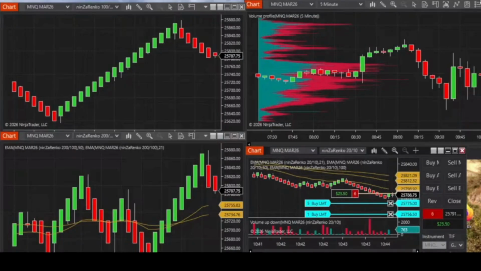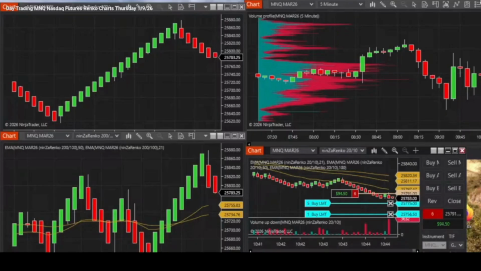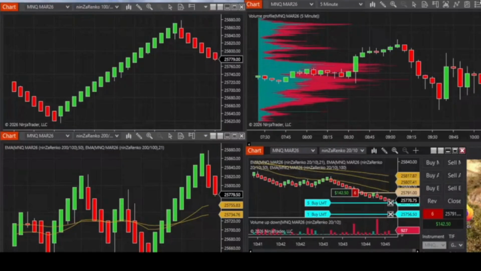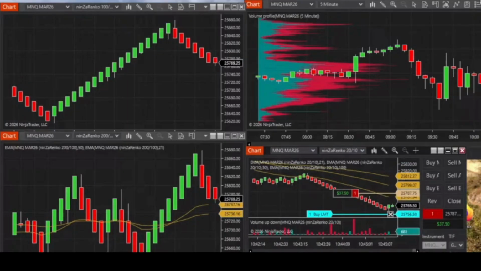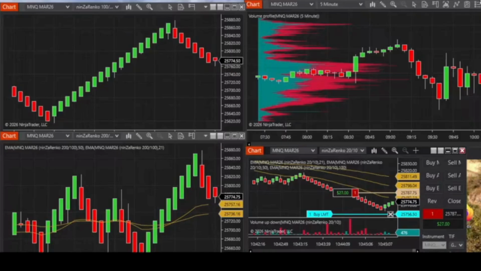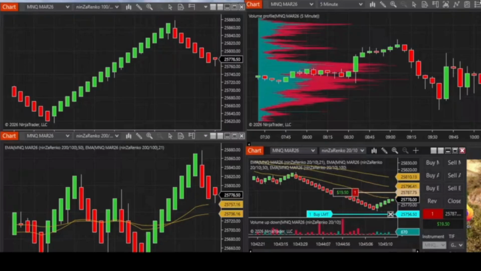Order submitted. I'm trying to buy 5 at 10 points and let the other one run. Order filled. There we go. Got the runner, and it's coming back up. Probably not going to get there, huh? Down to 10 points.